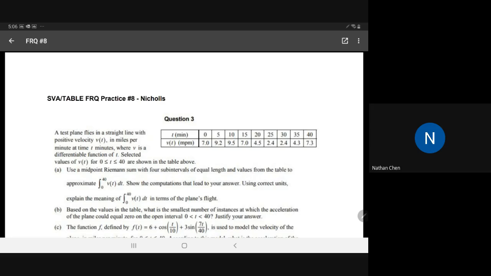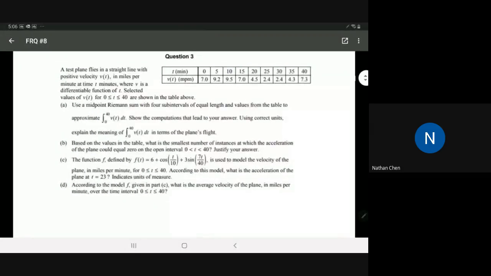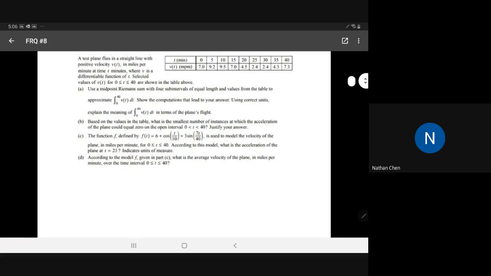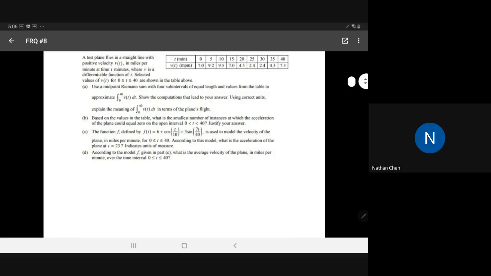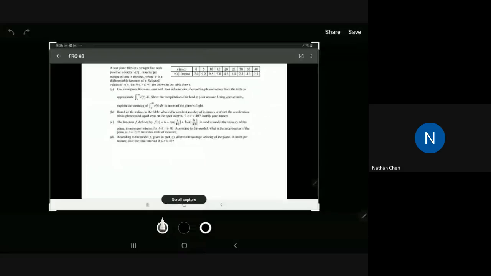Okay, so here's the question, and I want to look at B. I'm going to zoom out. Now, I like to graph anytime they give me a table.